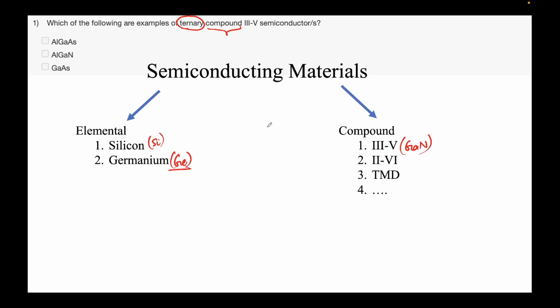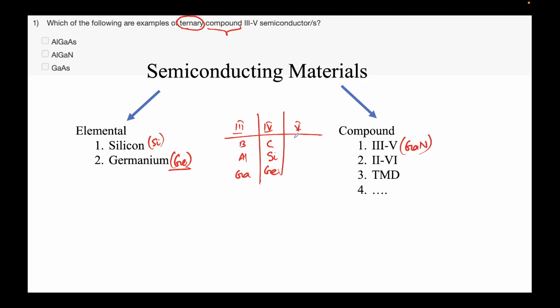So just to be clear, if you know group 4 elements, I'll just write, this is group 3 and 5. So what we have is carbon, silicon, germanium, right? And then here you will have boron, aluminium, gallium, and so on.